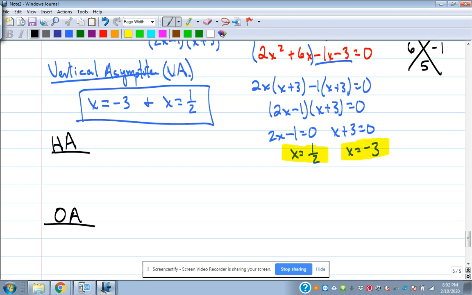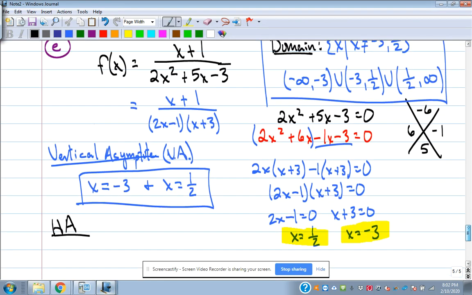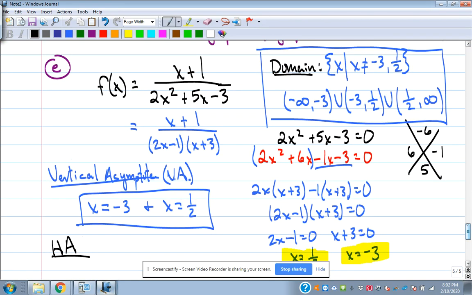Okay, so looking at the original, what's the degree of the numerator? What's the exponent on this x right here? 1. So the degree of the numerator is 1. The degree of the denominator is 2. So which one of those does it fit?